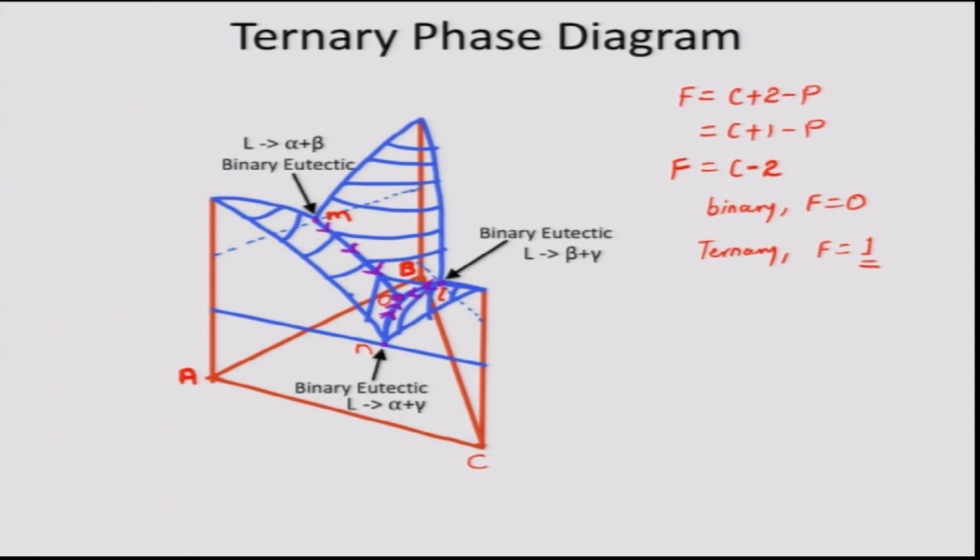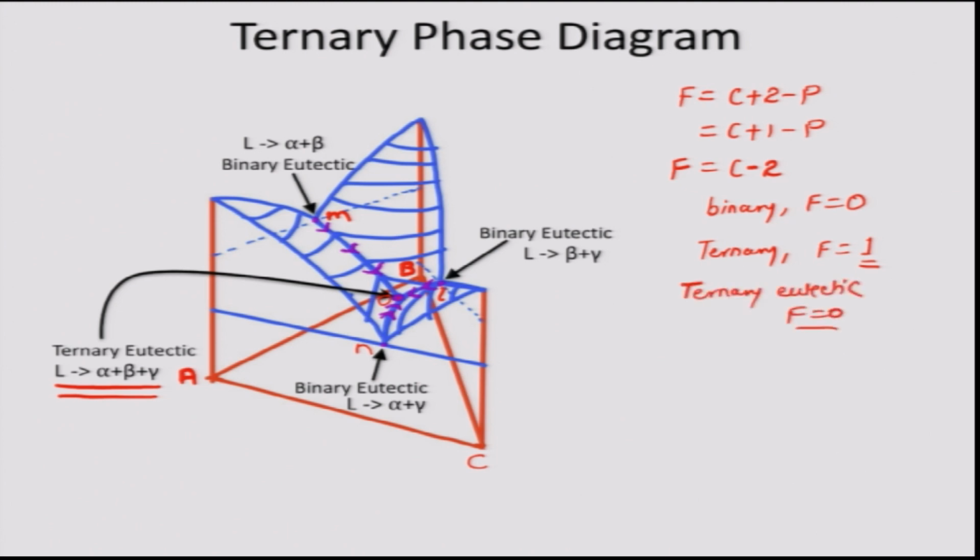The 3 binary eutectics intersect at this point O, and it represents a ternary eutectic. A ternary eutectic has 4 phases in equilibrium. So, this ternary eutectic O represents the reaction liquid gives alpha plus beta plus gamma. If I apply Gibbs phase rule for ternary eutectic, we will see F is equal to 0.